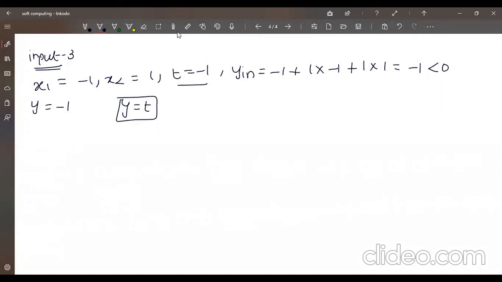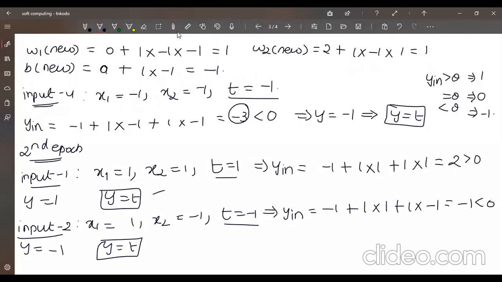For input 4 also, if at all the weights got changed in between these inputs, at that time we would have to check input 4 again. But we have used the same weights for input 4 as in input 1 and achieved the condition y is equal to t, so it is obviously satisfied for input 4 in the second epoch.